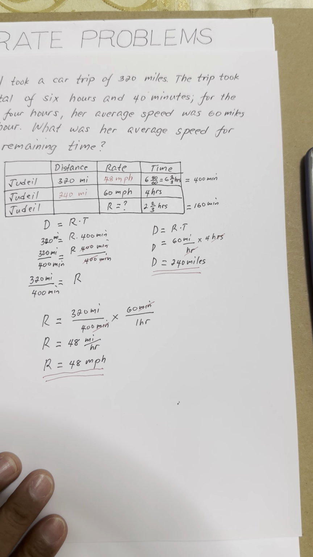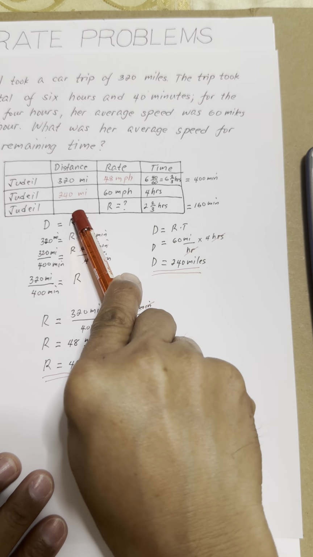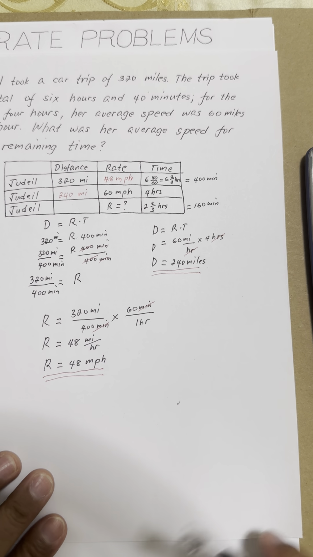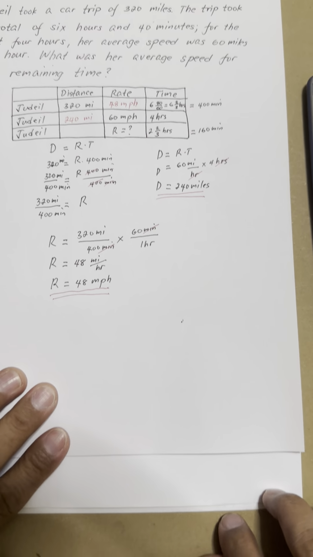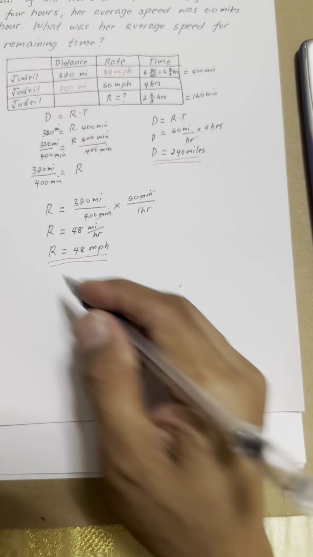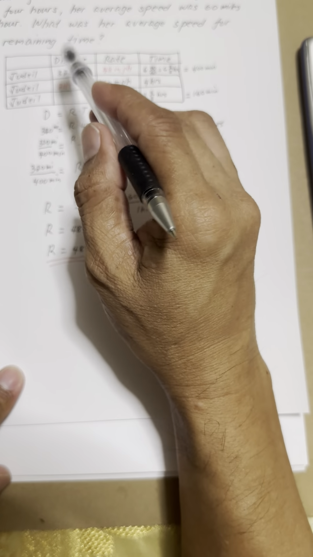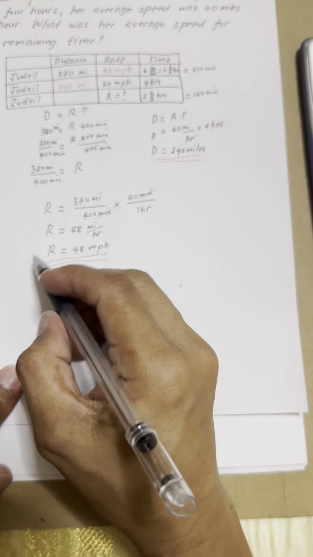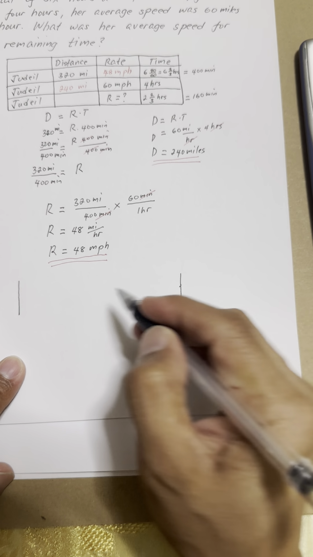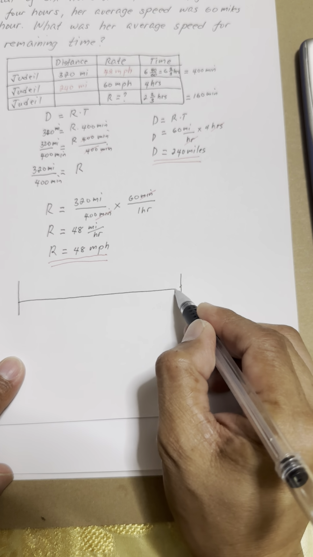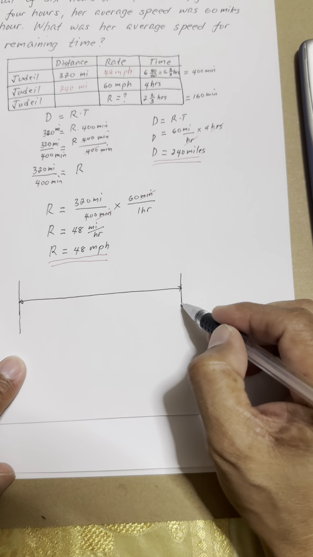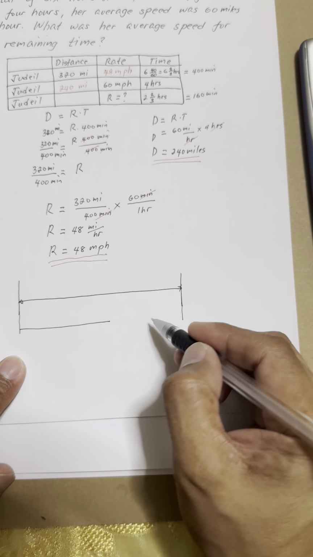Then how about this? So we can calculate this one. I think some illustration could help us figure out, or you can actually get the value here by subtracting from this 320, that is the total, but the illustration can show us clearly. Okay, for example, this is the total distance traveled, which is given in the problem.